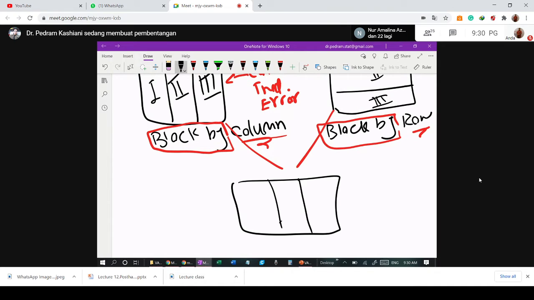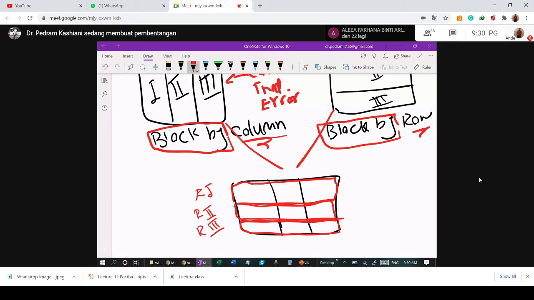This is my blocking by column and this is my blocking by row, so I block in two directions. From here to here becomes row 1, row 2, and row 3.